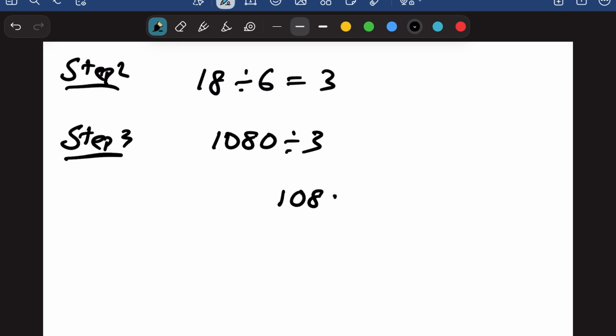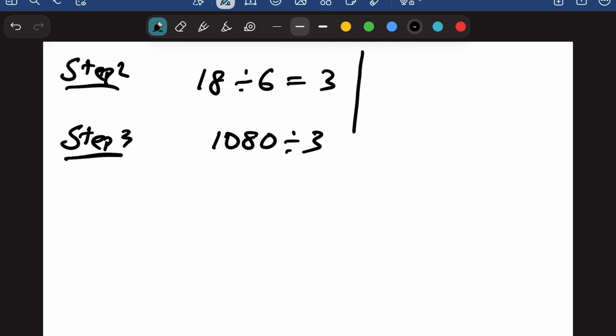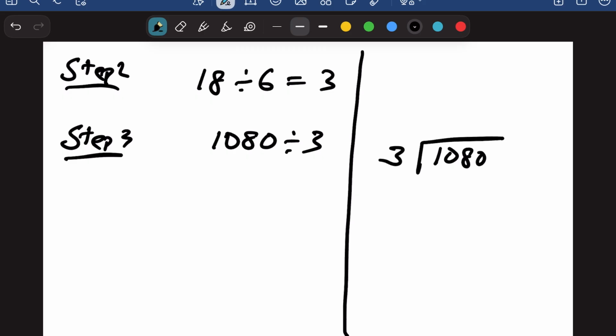So we can set this up as a long division. So 1080 divided by 3. Let's make some space over here. Okay. So 1080 divided by 3. 3 times 3 is 9. 10 minus 9 is 1.